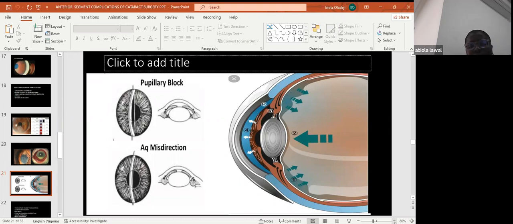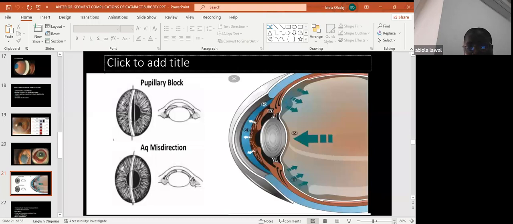In aqueous misdirection, there's a block. However, the AC is flat both peripherally and centrally, which is illustrated in this schematic diagram. What you have in aqueous misdirection, which is also called ciliary block, is anterior displacement of the iris, the lens-iris diaphragm.